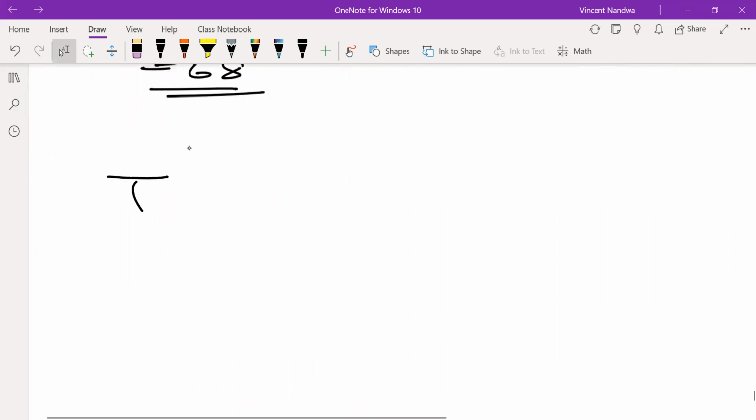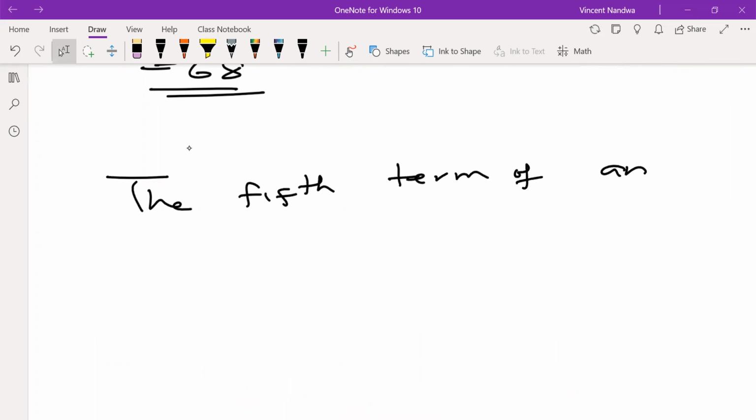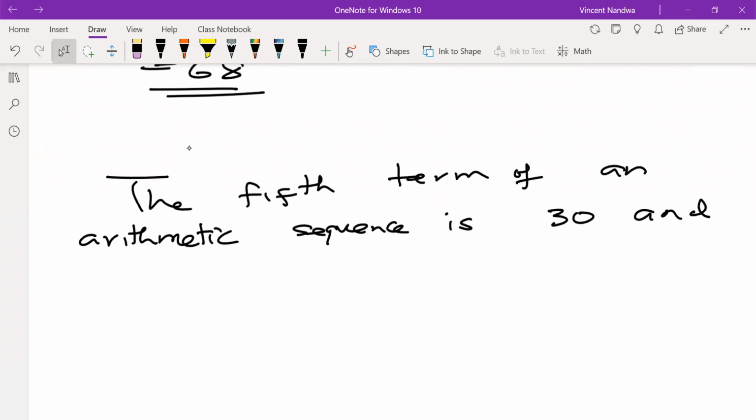Maybe this one: the 5th term of an arithmetic sequence is 30, and its 7th term is 44.